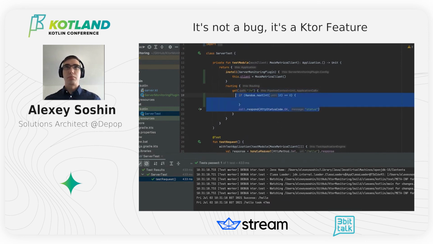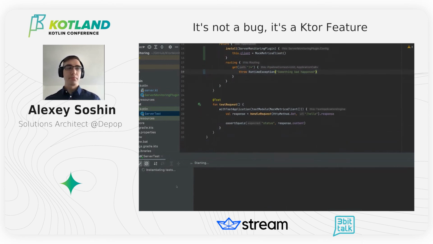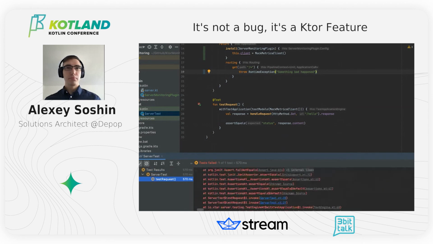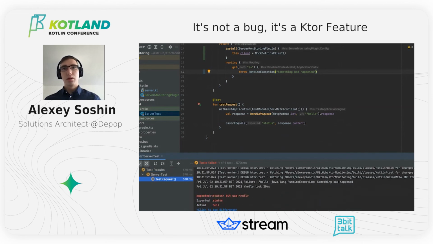So I'll just always throw an error. And now you can see that our plugin also reports errors, and it still keeps track of how long it took us to serve that request.